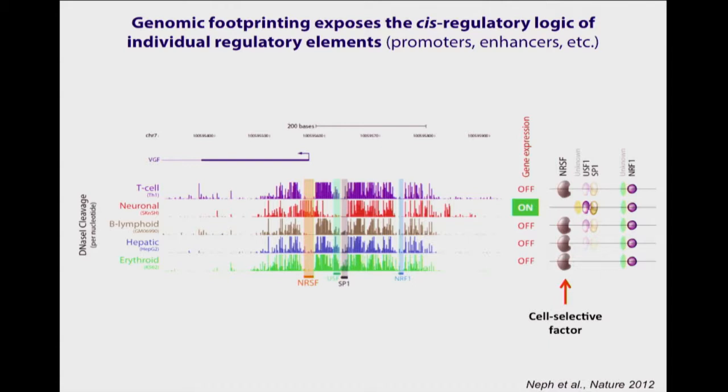But more recently, imagine I have this transcription factor here, and this is just one of its recognition sites in the genome. Now imagine I went to every DNase hypersensitive site in the genome and looked for recognition sequences of this factor in all of those sites. I would have potentially thousands, and each of those instances would either be occupied or not occupied to some degree.